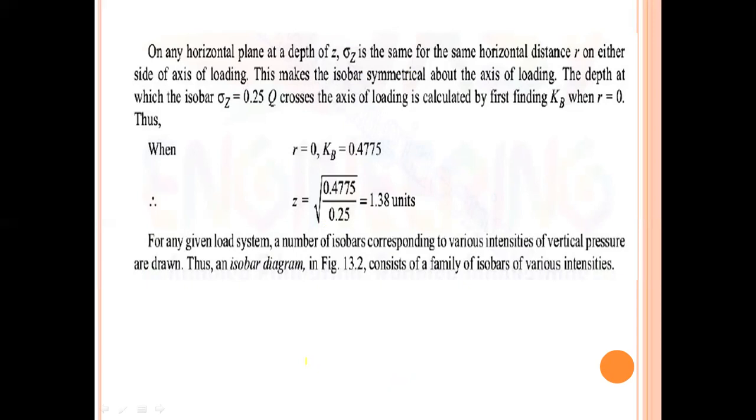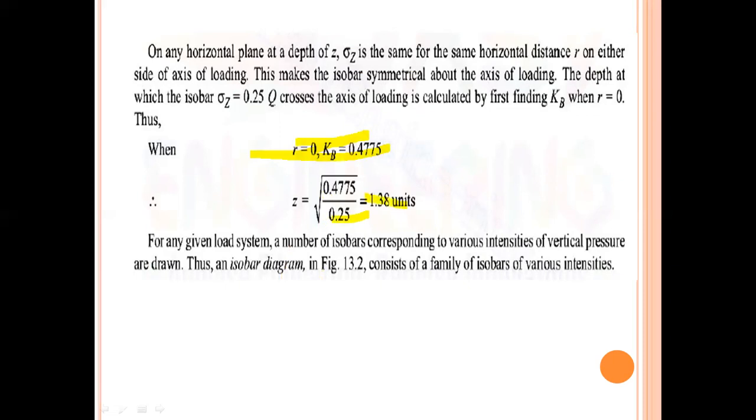The depth at which the isobar sigma z equals 0.25 q crosses the axis of loading is calculated by first finding Kb when r equal to 0. Thus, when r equal to 0, Kb equal to 0.4775, and substituting this value, z equal to root of 0.4775 by 0.25, that equal to 1.38 units.